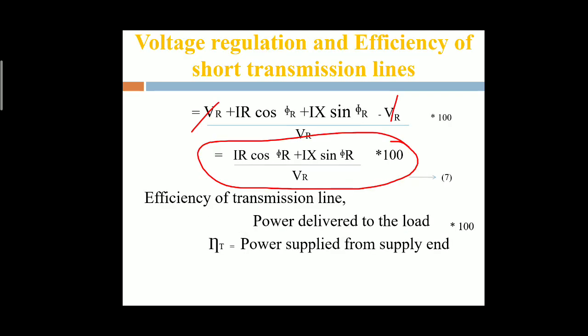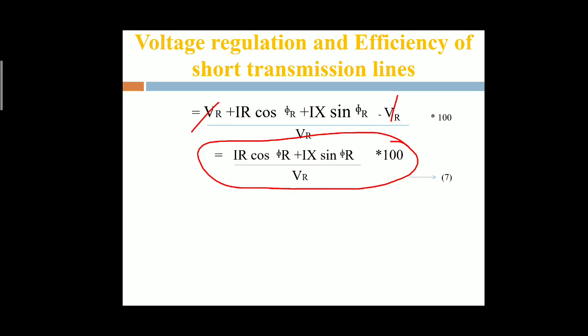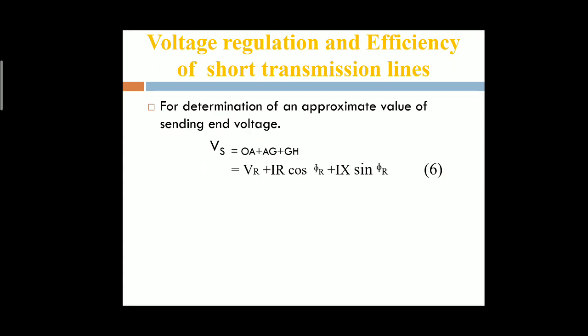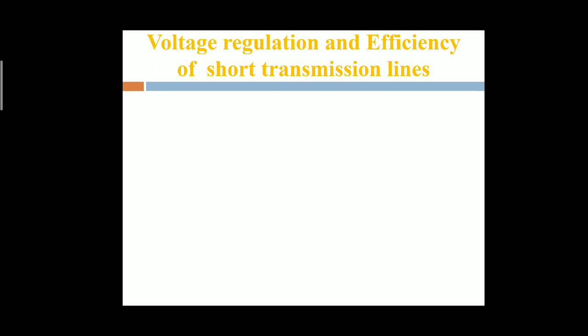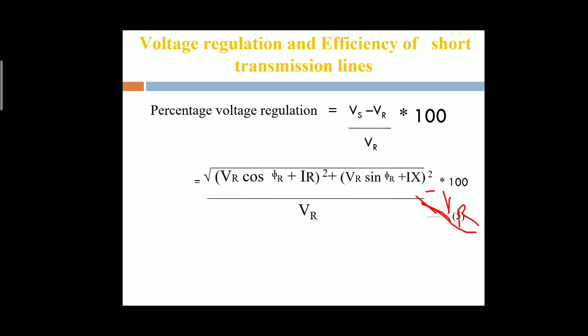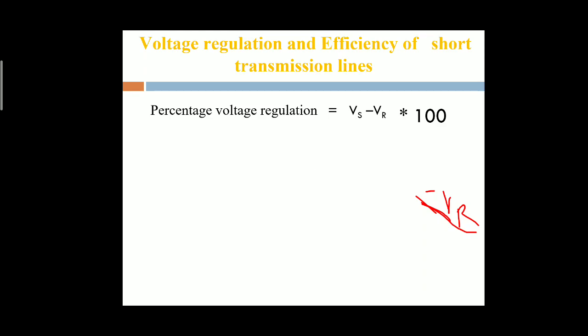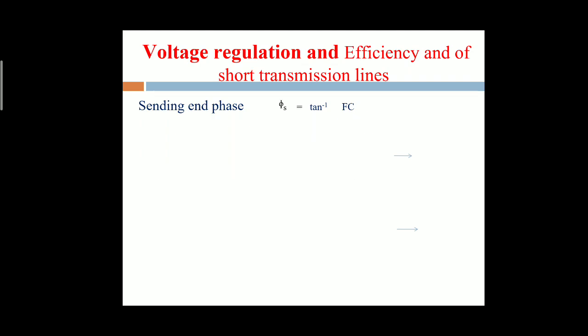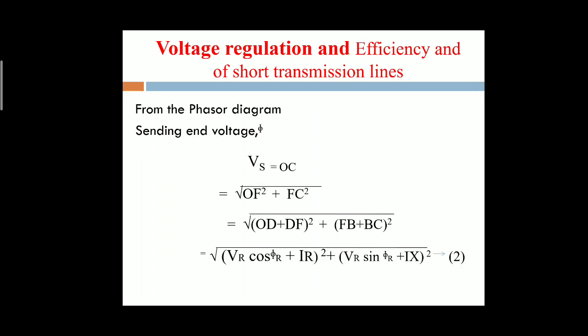By using this equivalent circuit diagram and the phasor diagram, we draw the phasor diagram and then observe how to calculate the voltage regulation by using this formula. That all is related to the phasor diagram only.